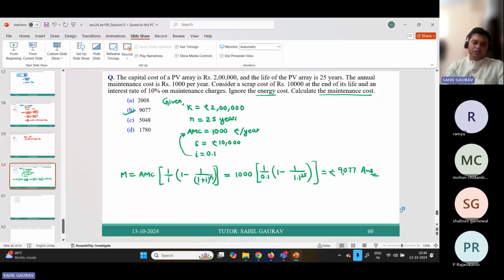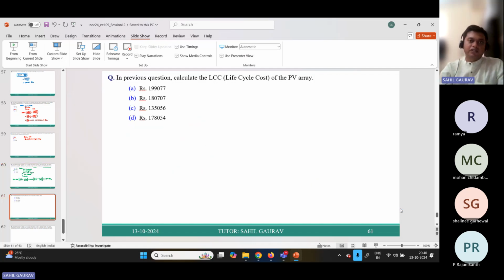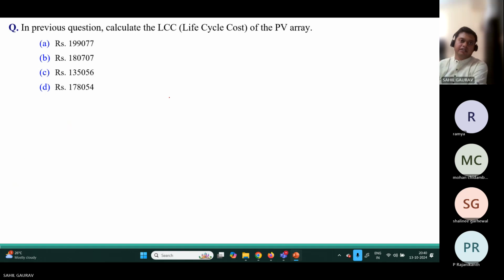If you have any doubt, you can stop me and ask your doubts. Calculate the life cycle cost of the PV array. So this is very simple. We have found the maintenance cost. LCC, we know, is A plus R plus M plus E minus S. Replacement cost is 0, energy cost is 0, so the capital cost is 2 lakh.